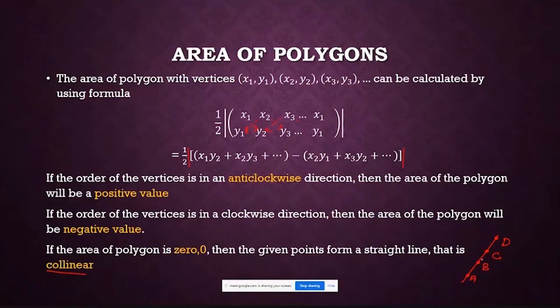Semua dalam satu garisan. All points lie on the same line. So these four points are called collinear. It becomes one straight line. Okay, next.